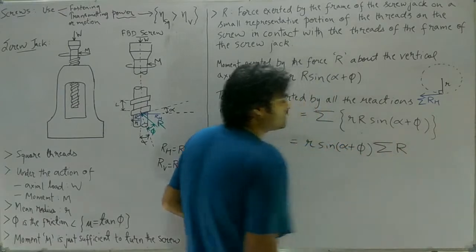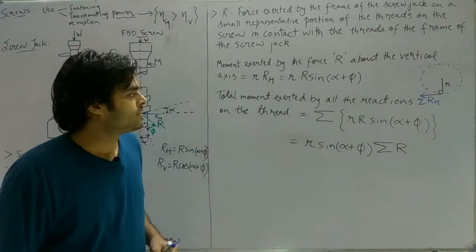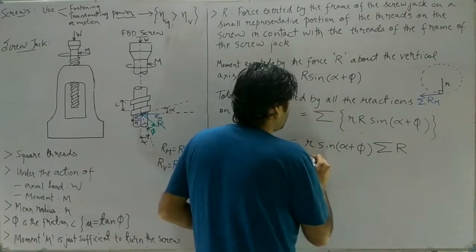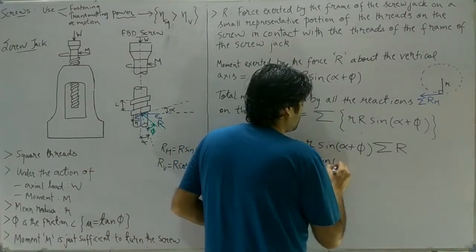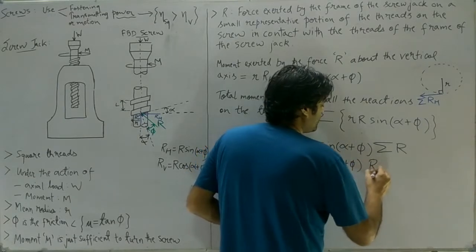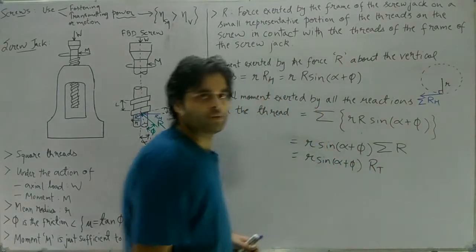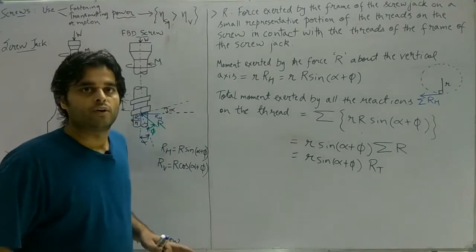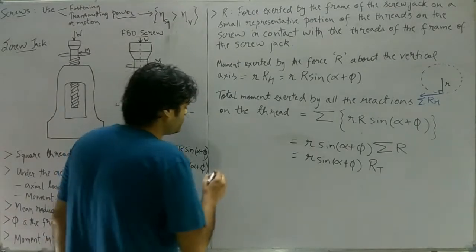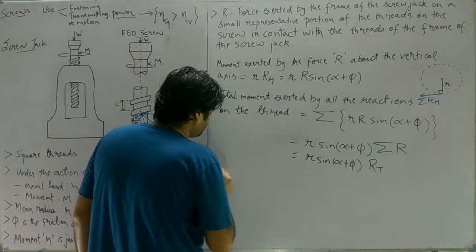So we are left with summation R. Let's write this as r sine(alpha plus phi) into RT, which is the total reaction on the screw by the frame.